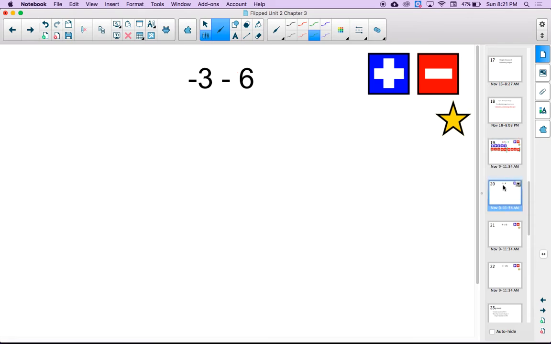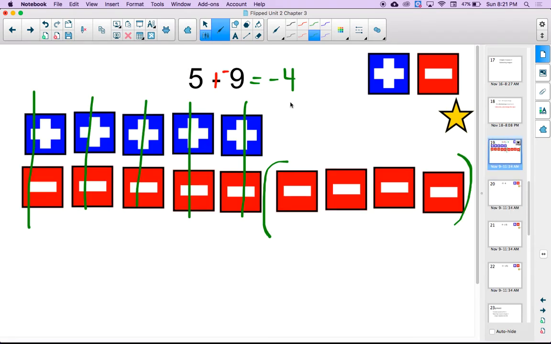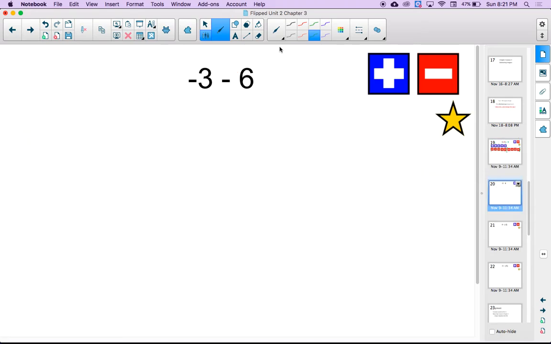Couple more problems here. I'm not going to build all of them like we did here. We're going to start solving them more mentally, but we are going to show how to handle that minus sign. So read the problem out loud. Negative 3 minus 6. When we say the word minus, we know we have to add a line and change the sign. So it changes to an addition problem, but it keeps the expression equivalent.